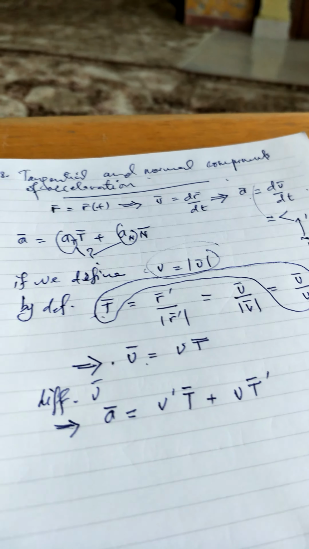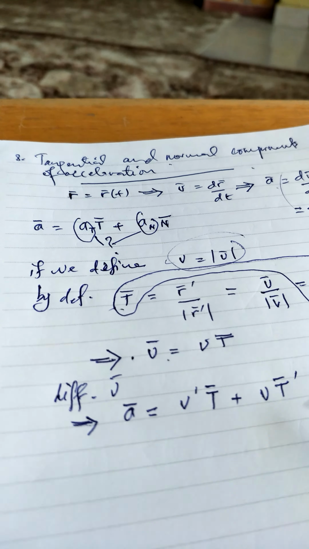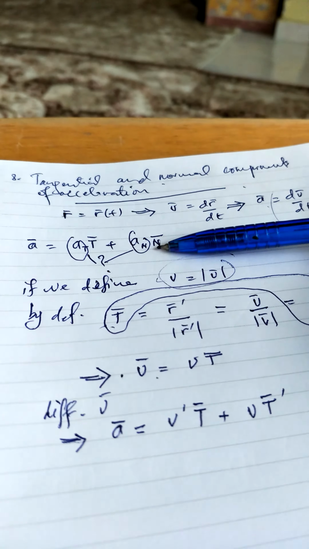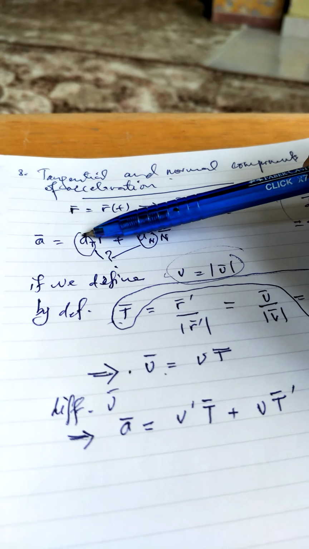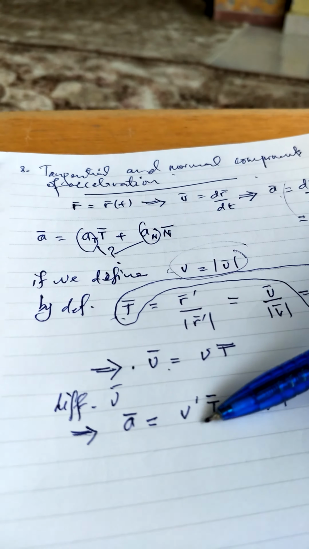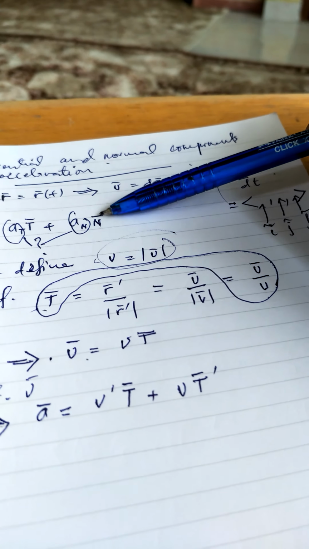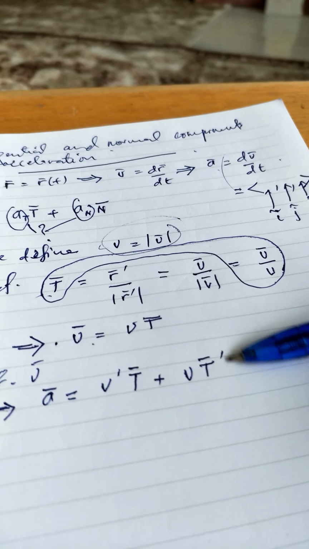Now if you look at the general form from here, and you compare with the general form that we have here, we already have this is T bar, this is T bar. So a_T is actually v prime. All right, this is very clear. But this one, a_N N bar here, this is T prime.